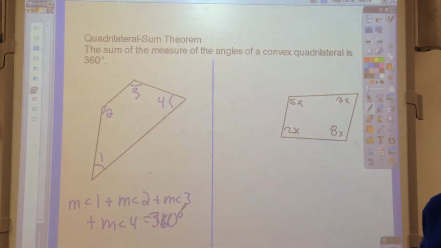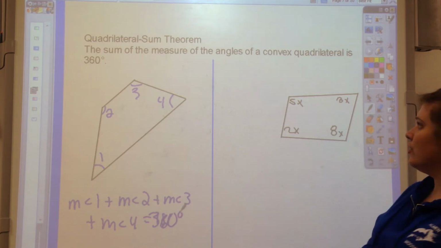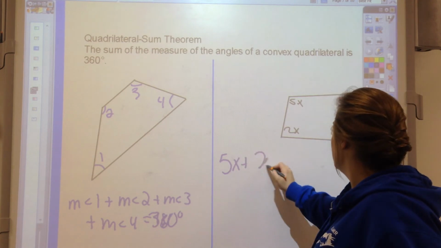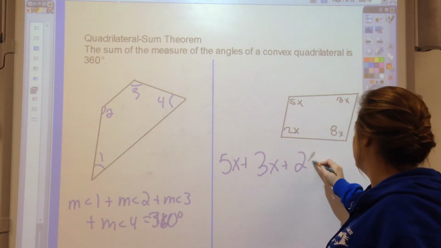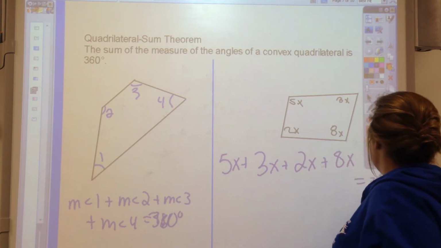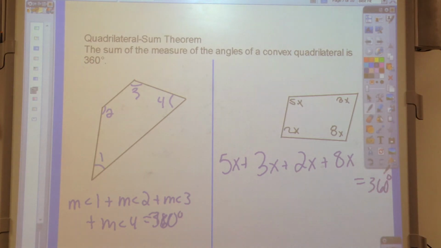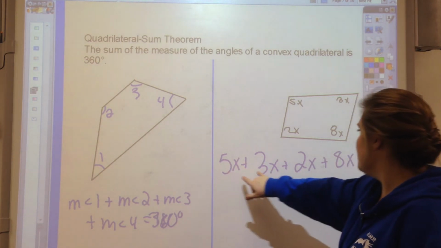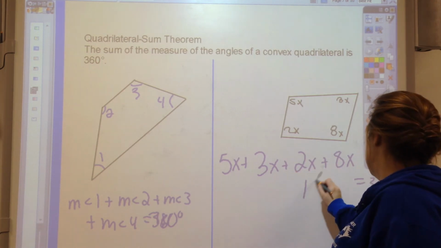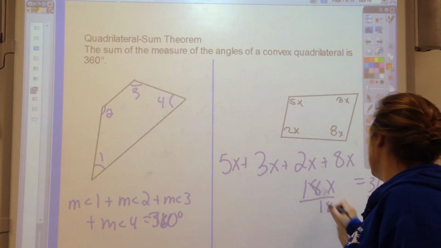All right, now let's move over here. Now let's say I don't know the value of x, and I ask you to find both x and the measure of each angle. You're going to start off by just adding up the measures. 5x plus 3x plus 2x plus 8x should equal 360 degrees. On this left-hand side, I can combine like terms, and 5 plus 3 is 8 plus 2 is 10 plus 8 is 18x. And now I'm going to divide both sides by 18.